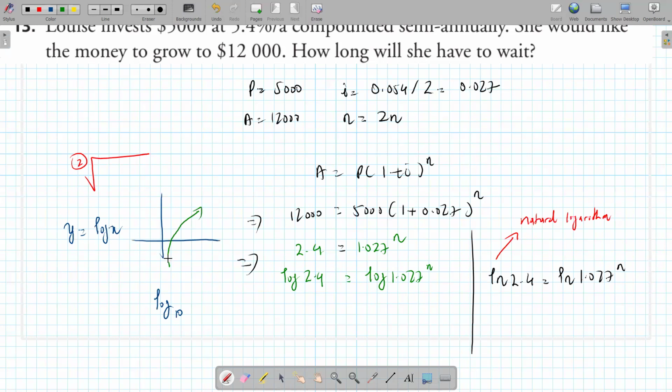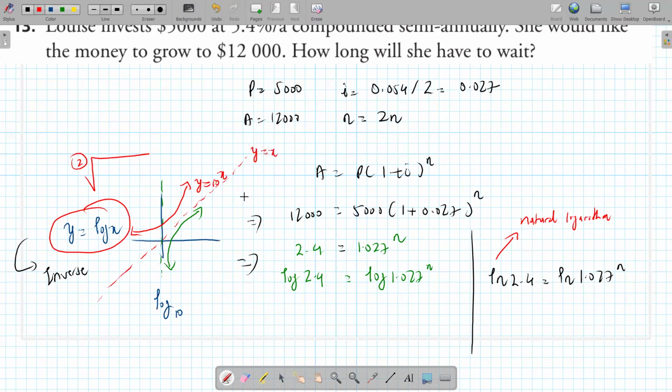It does not cross the y-axis. There's an asymptote there. It's the inverse. Log x is the inverse function of the exponential function y equals 10 to the power of x. Remember, inverse is just something that you reflect on the line y equals x.